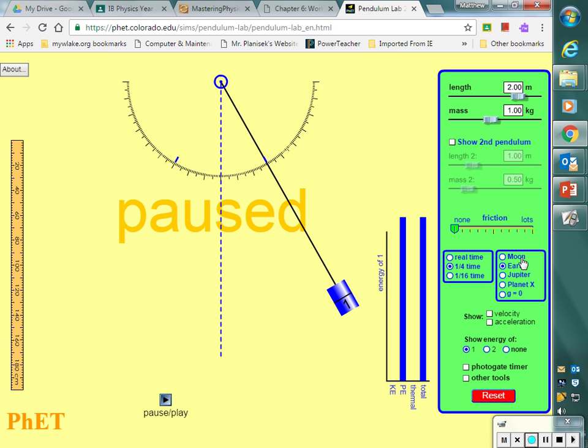MGH, okay? Has the mass of my pendulum changed? Nope. Has the height of the pendulum changed? But if I click that button that takes it from Earth to the moon, what is going to change? The acceleration of gravity. How does the acceleration of gravity on the moon compare to the acceleration of gravity here on Earth? Hopefully we know this. It's less, right? So what should happen to my blue line over there?